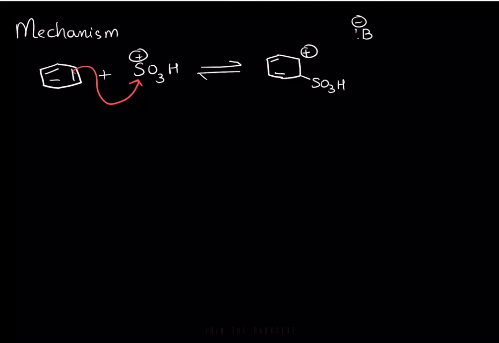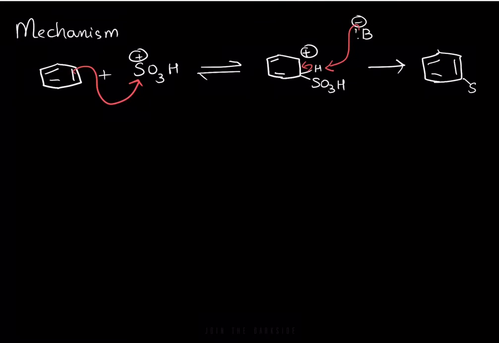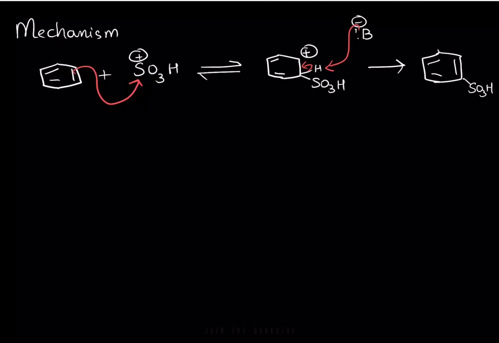And in the next step, the base is going to abstract this hydrogen right here and push in these electrons to form the double bond. So here is the product. Again, this base could be either the water molecule that is generated, or it could be the HSO4 minus, which is generated in the first step of the generation of the electrophile.